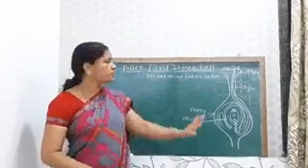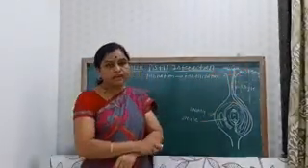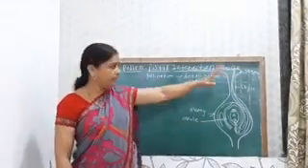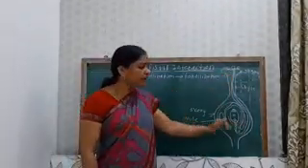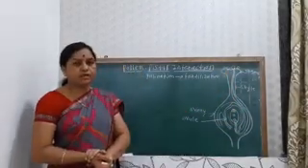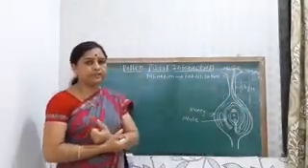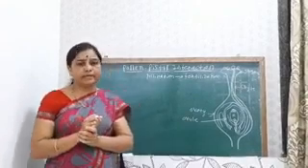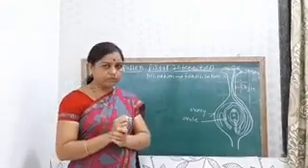But the pistil has one characteristic ability: to identify which is the right type of pollen grain and which is the wrong type.